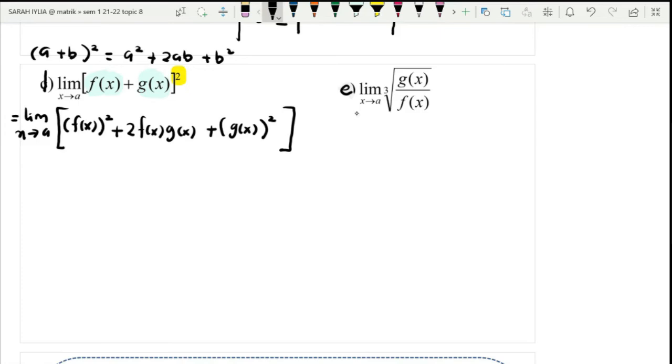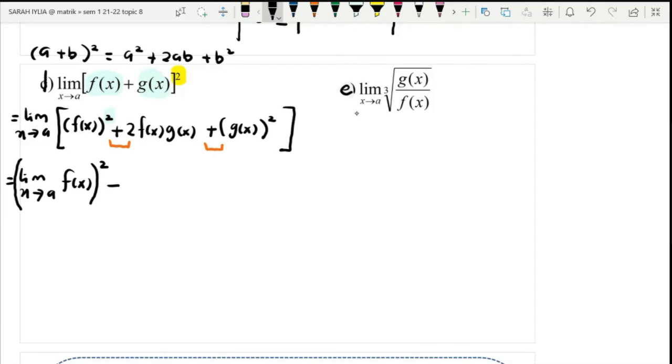Now we have 3 different functions here with plus signs. So by using the properties just now, we can open this up one by one. So this would be equal to, first one, the limit of x approaches a of fx, with a square on it. By using the properties earlier, if there is a power we can take the power out, so it becomes the limit of x approaches a of fx, the whole thing squared.